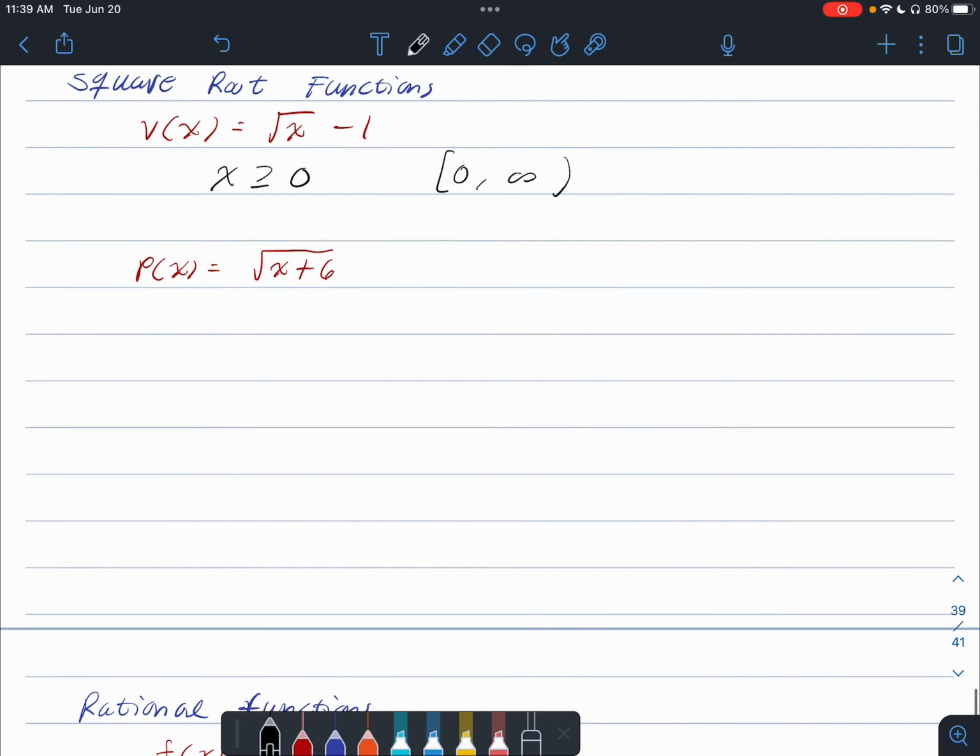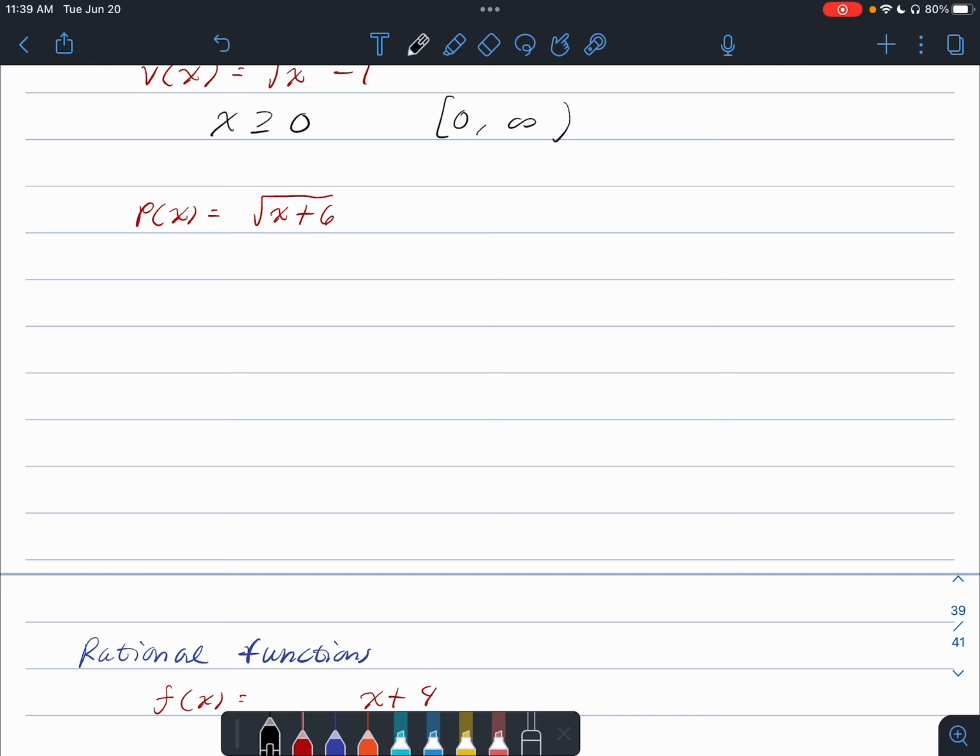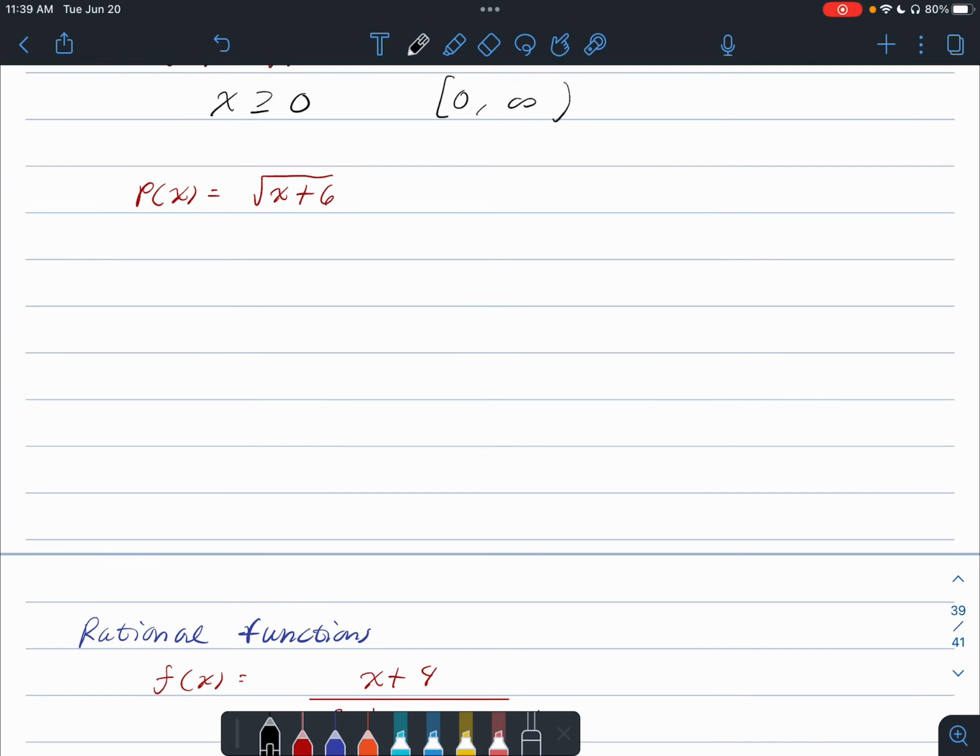What about this one where we have p of x is equal to the square root of x plus 6? We need to figure out for which values this function makes sense. We need to make sure everything underneath the square root sign is greater than or equal to 0.